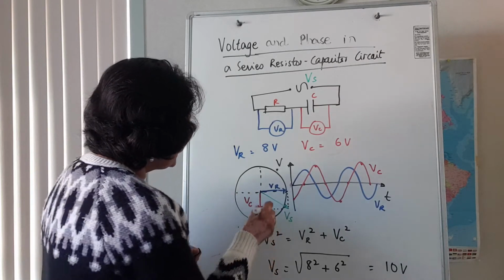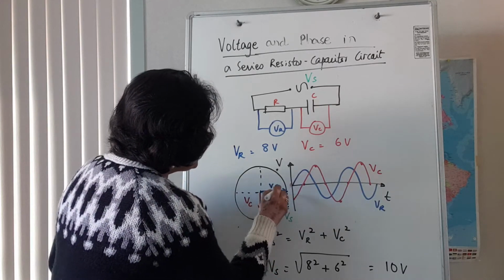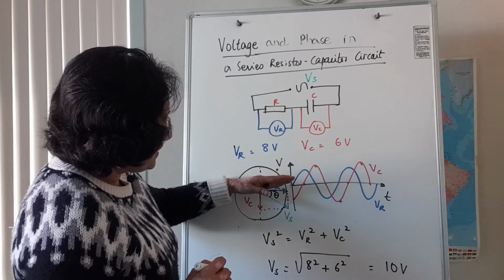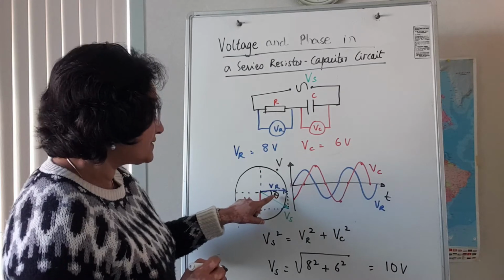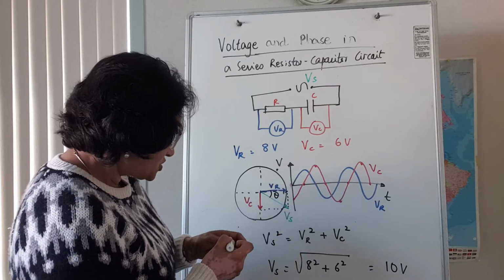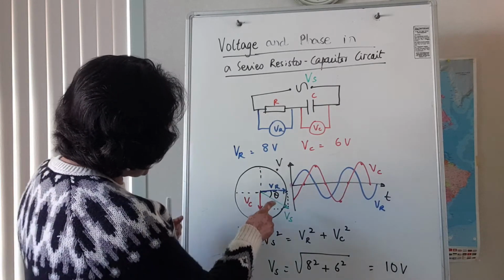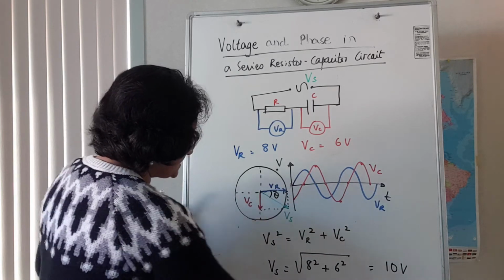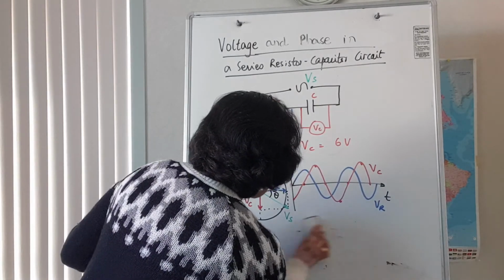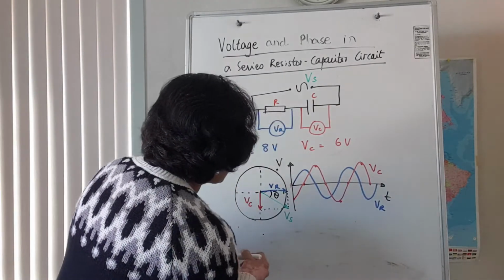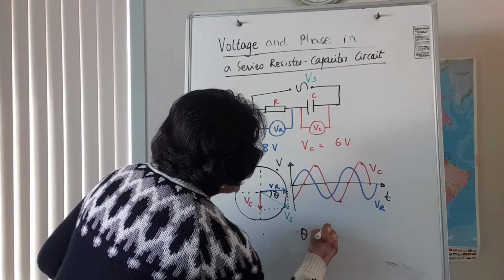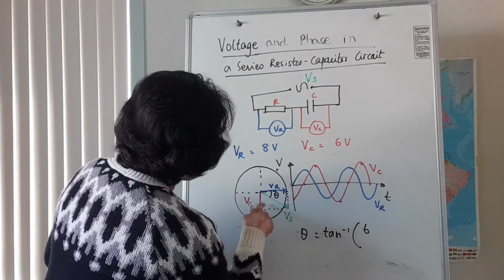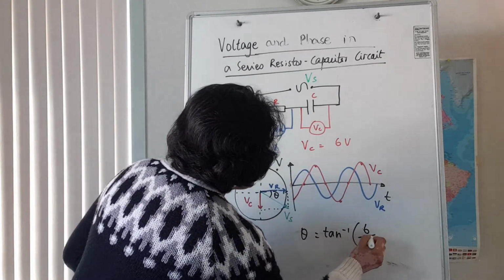Now, to get the phase difference, expressed as an angle, between the supply voltage and the resistor voltage, you just have to find this angle theta, which in this case is tan inverse of 6 divided by 8.